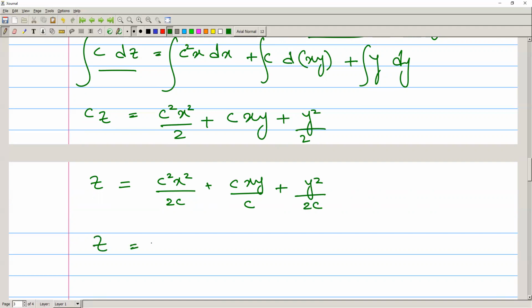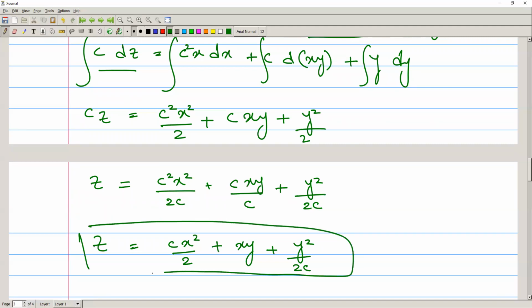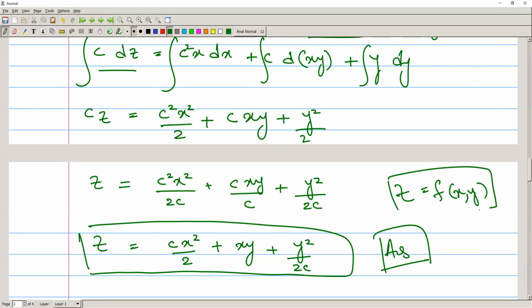So z will be equal to c x squared over 2 plus xy plus y squared over 2c. So this is our final answer. And our goal was to find a function in terms of x and y, that is z is a function of x and y, and we can see here z is a function of x and y.